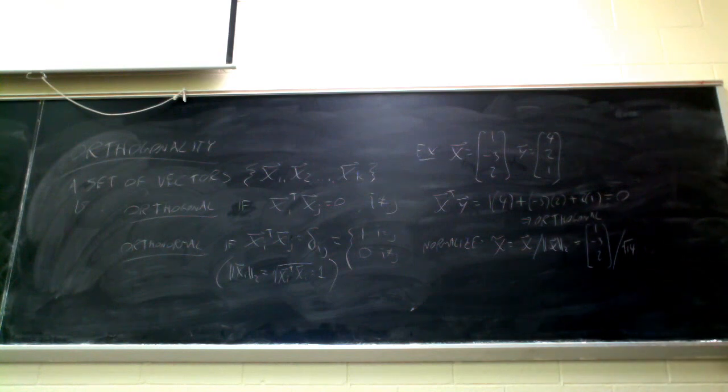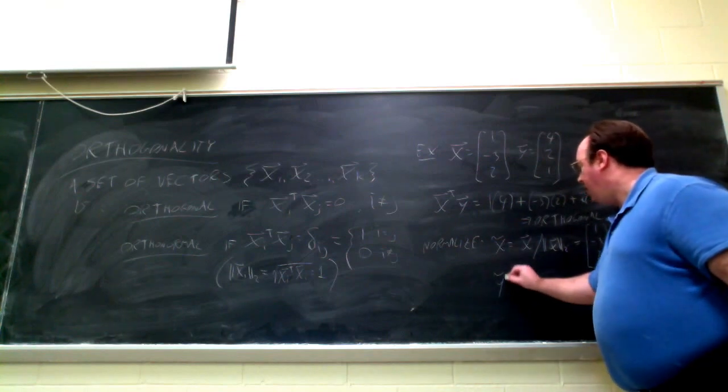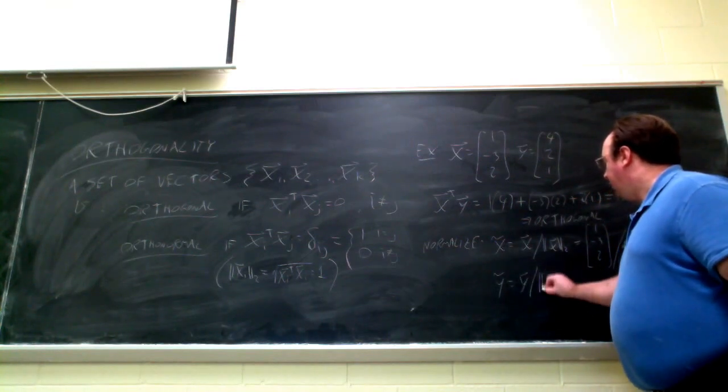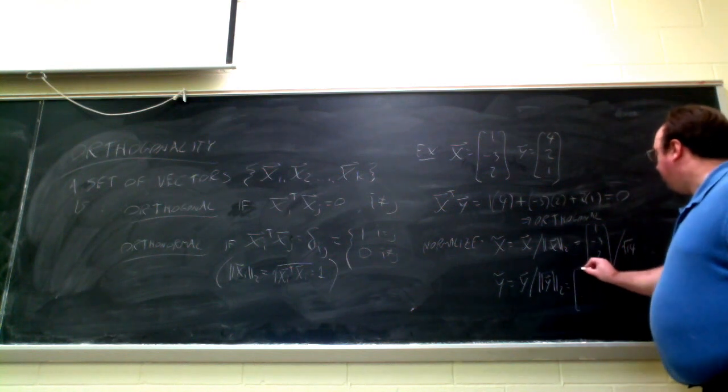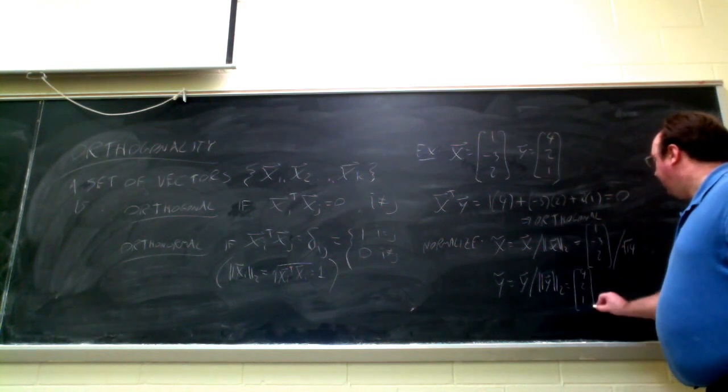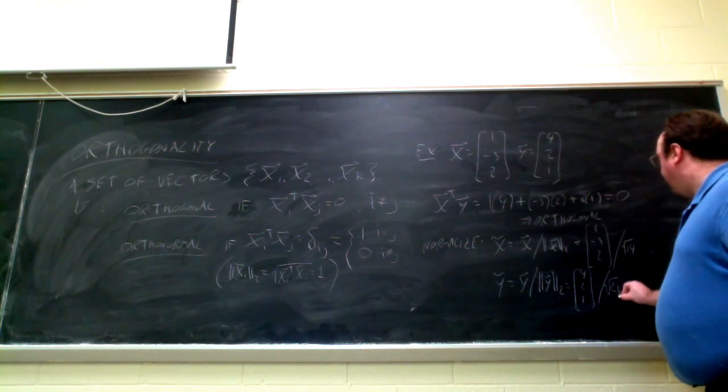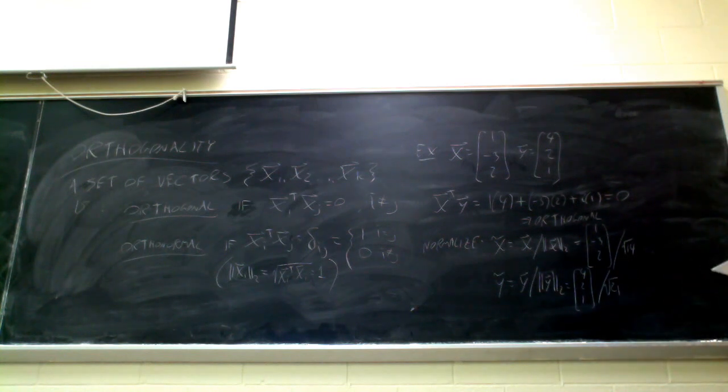So now that vector is normalized, and I do the same thing for y: 4, 2, 1 over the square root of 21. Again, the square root of the sum of squares.